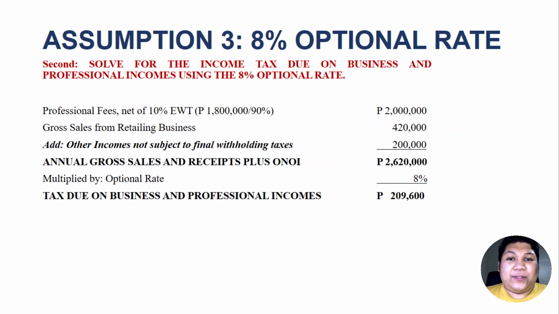You might be asking, why don't we deduct the 250,000 pesos exemption limit like what we did in our previous video lectures for professionals and business income earners? The reason is that we can no longer deduct the 250,000 pesos exemption limit from the 2,620,000, because we have already availed that exemption limit when we computed the income tax due on our compensation.